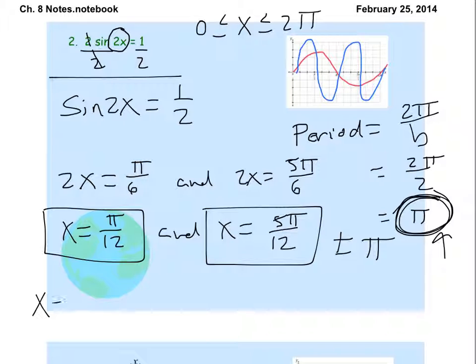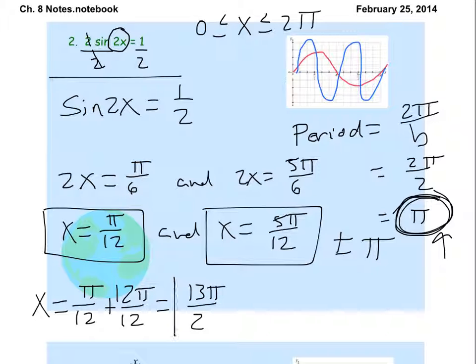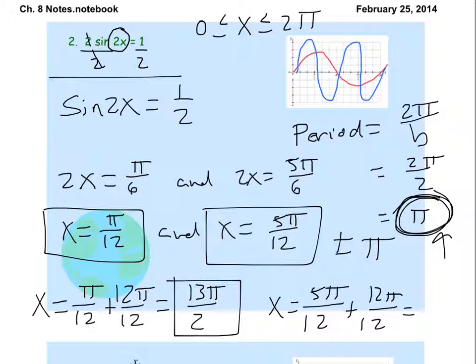So let's get some other solutions here. I've got pi over 12. If I were to add 12 pi over 12, that's pi, it's just got a common denominator, I would get 13 pi over 12. That's a solution I want. It's less than 2 pi. I've got 5 pi over 12 plus 12 pi over 12, 17 pi over 12.